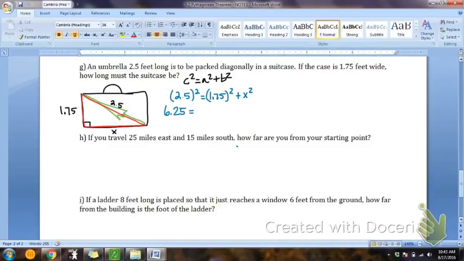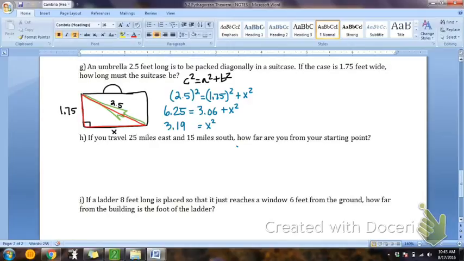Was there a decimal in there anywhere? Is my math right? Someone check it. Is that what you guys are getting? What's 1.75 squared? Is it 3.06?